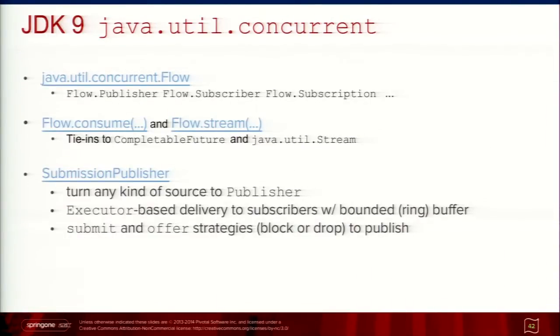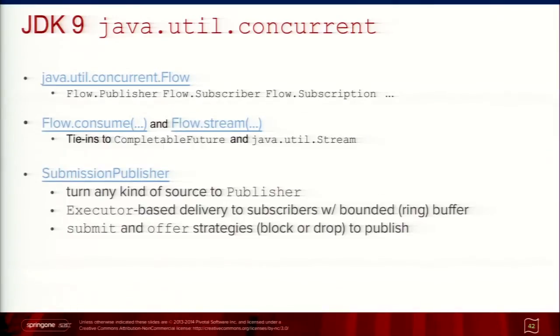And in terms of the details, there's the Flow class, which will contain these contracts. Then you have Flow.Consumer and Flow.Stream, which are simple bridges to Java 8 APIs. Most importantly, there's a SubmissionPublisher, which is an implementation of a publisher that's provided with the JDK.